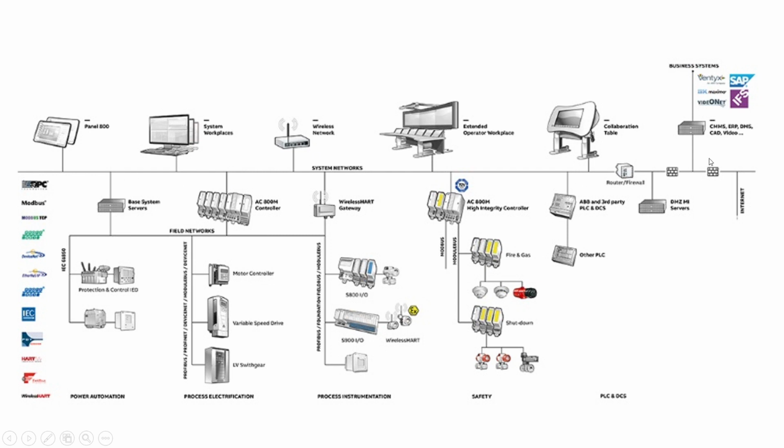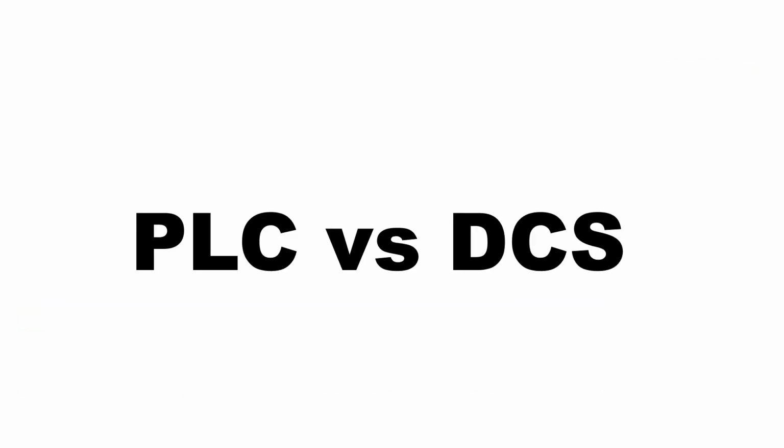And again, this is the plant network, and there are operator stations and an extended operator workplace. This is placed in the control room, and as you see, this is the enterprise layer where it can communicate with SAP, IFS, etc. So this is a very broad, bird's-eye view of a DCS architecture and how it is set up, right?